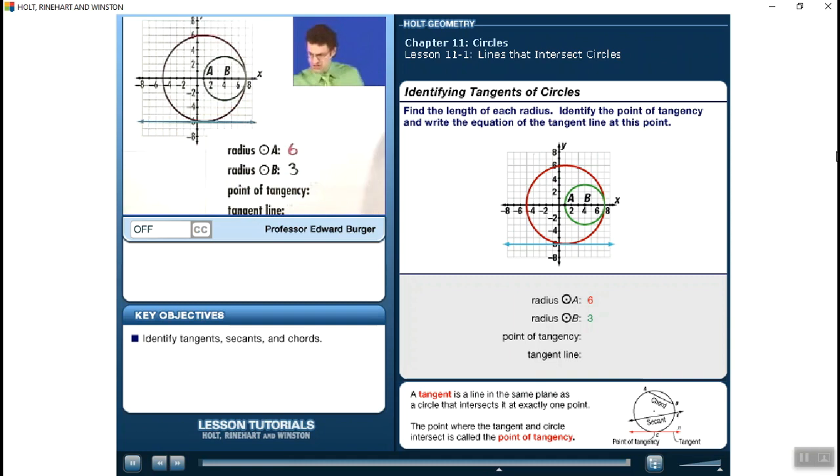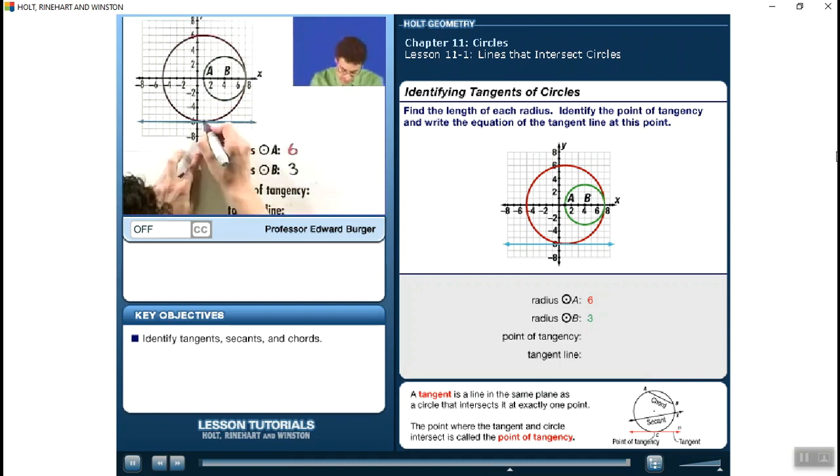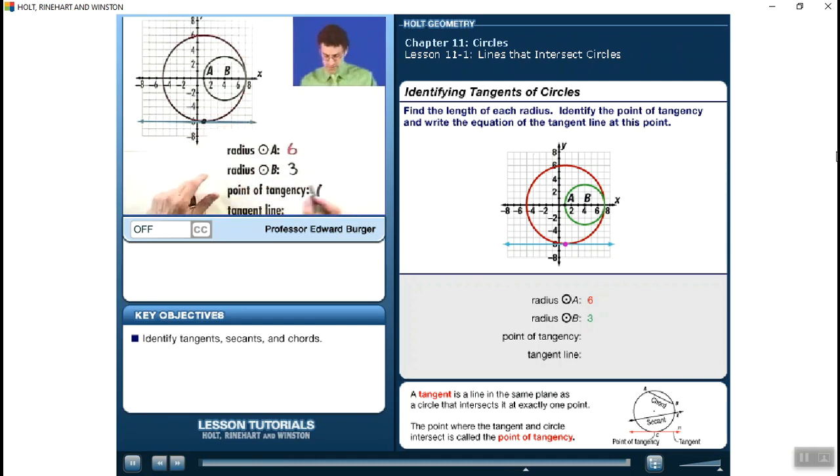Well, this is a visualization thing, so there's no way to know that exactly. But looking at the figure, it seems as though they touch right here. And what are the coordinates of that? Well, that looks like I've gone 1 over and 6 down. So that's 1 comma negative 6 for the point of tangency, at least given the interpretation of the picture.